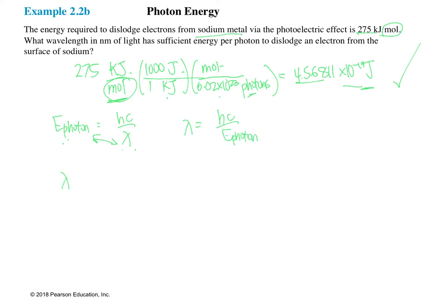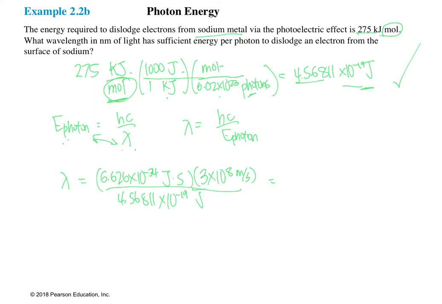So we're going to calculate 6.626 times 10 to the negative 34 joule seconds for Planck's constant, times the speed of light, 3 times 10 to the 8 meters per second, divided by the energy of our photon, 4.56811 times 10 to the negative 19 joules, keeping in mind that we only have 3 sig figs that are important.